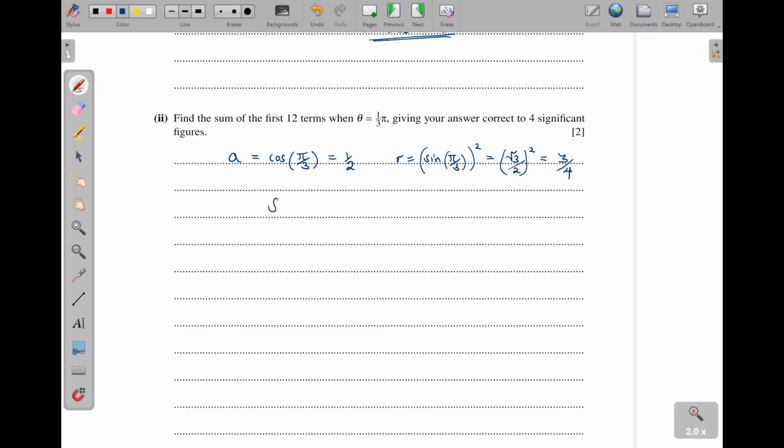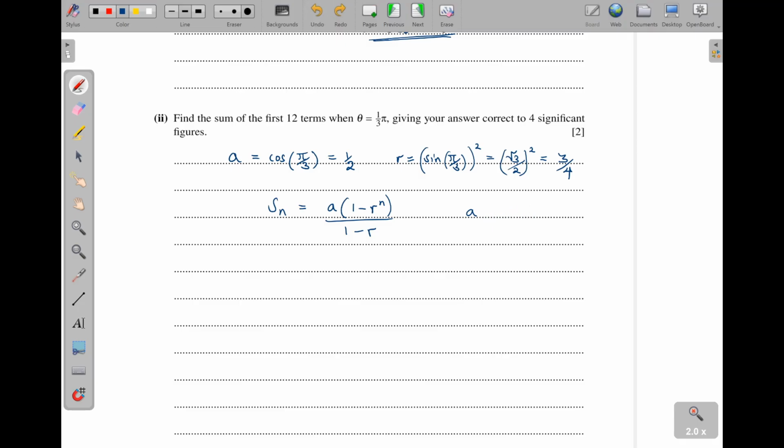Now, the sum of the first n terms of a GP, since R here is 3 over 4, less than 1, I will use A into 1 minus R to the power of n out of 1 minus R, because it can also be A into R power n minus 1. We use this one when R is greater than 1. But if it is less than 1, then we use this one. But you can use any, because if a negative comes out, then it cancels.